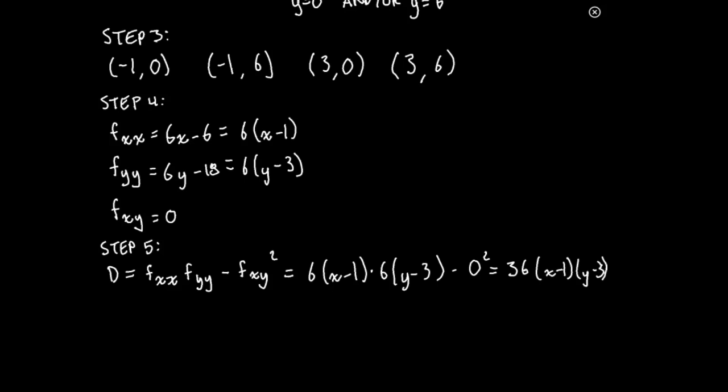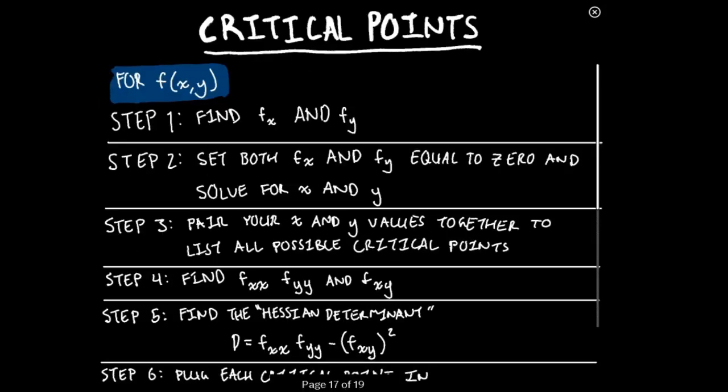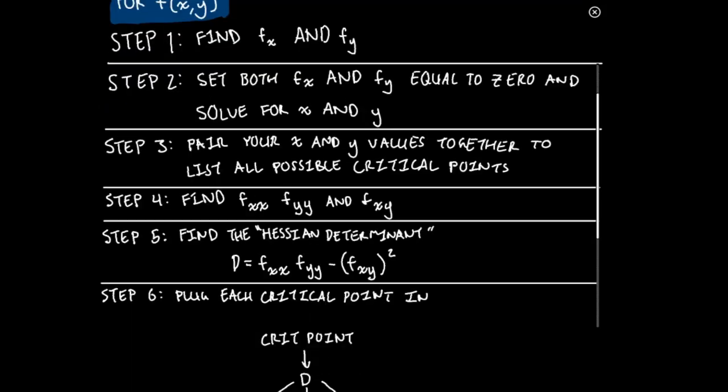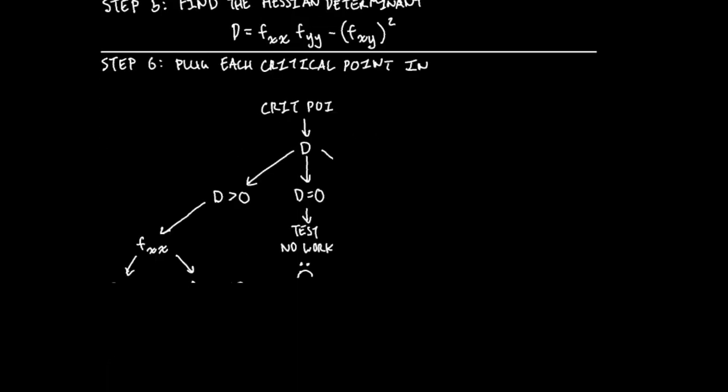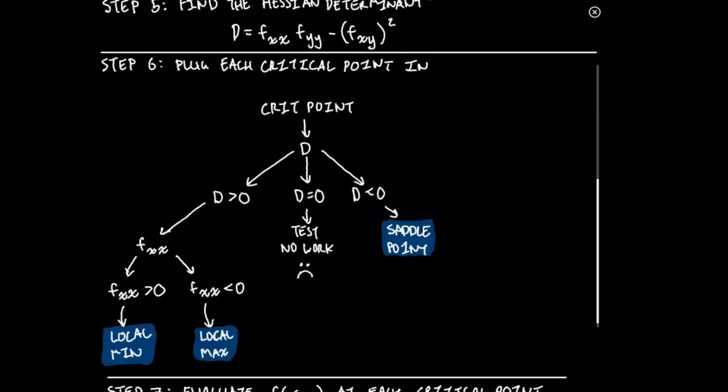That's step 5 done. Step 6, plug each critical point into this decision tree that we have here. And from this decision tree, we're going to find out whether it's a saddle point, a local maximum, or a local minimum. Okay, first though, we need to evaluate D for each point. So let's do that.